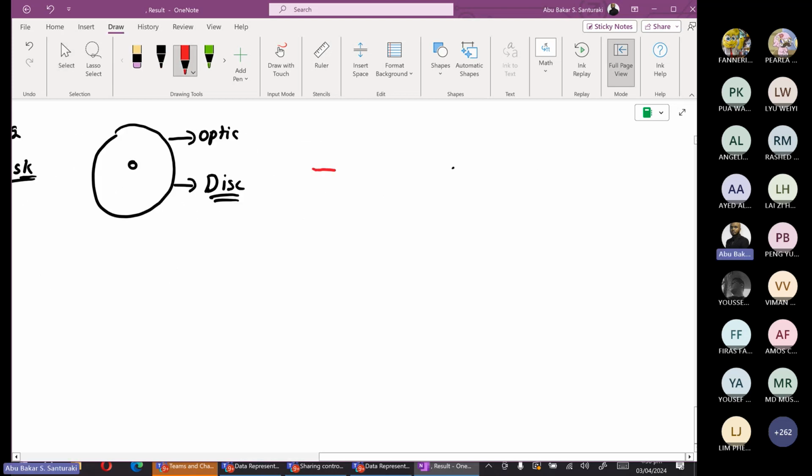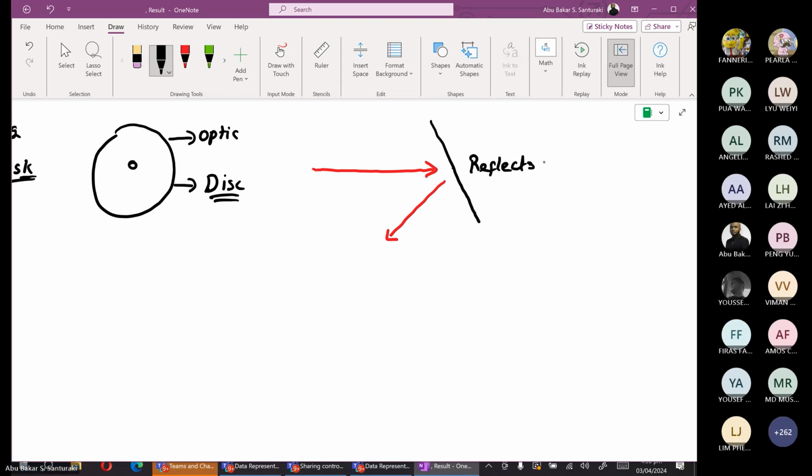That light source flashes a light and light travels in a straight line. If that light hits a flat surface, what happens? The light reflects in one direction.